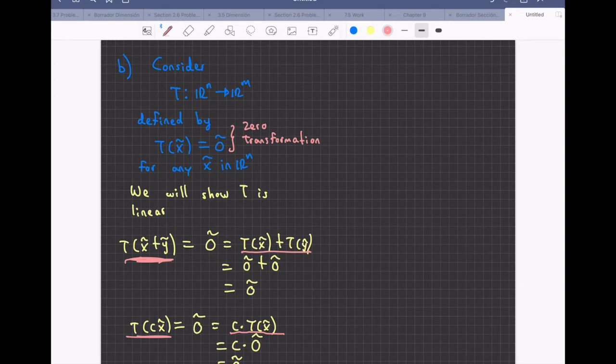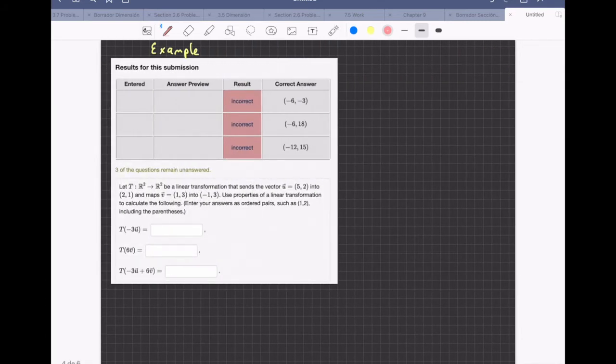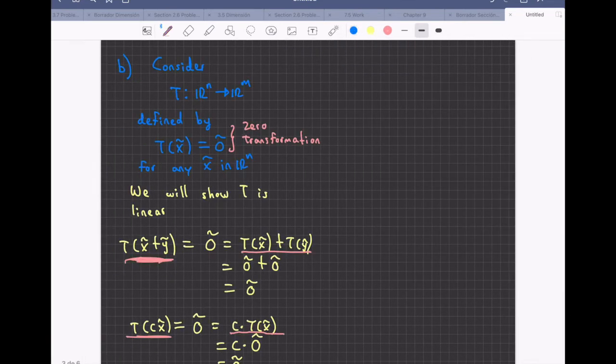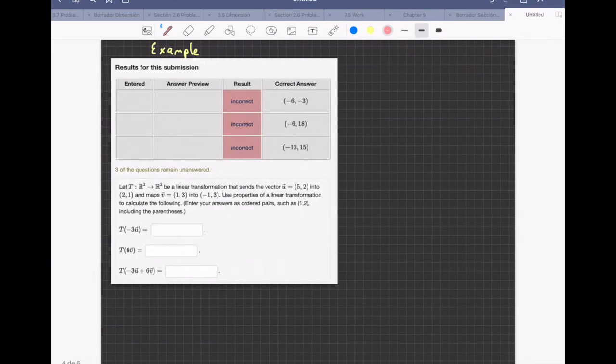Now, let's see one example from the assignments in WeBWorK. This is part B. This one is going to be part C. All right. Example. I'm going to read this part.